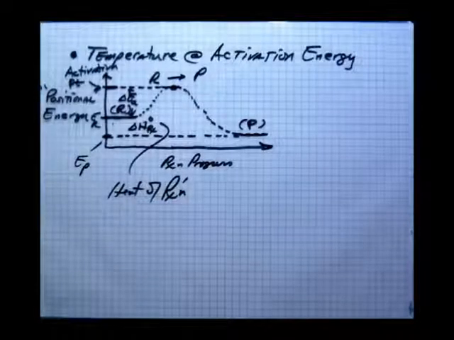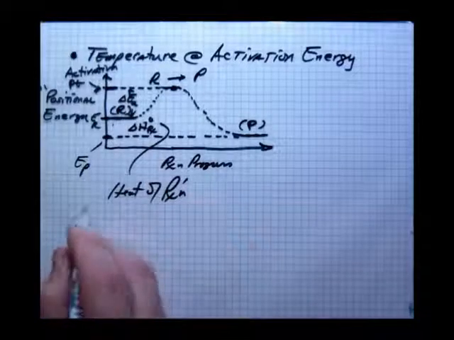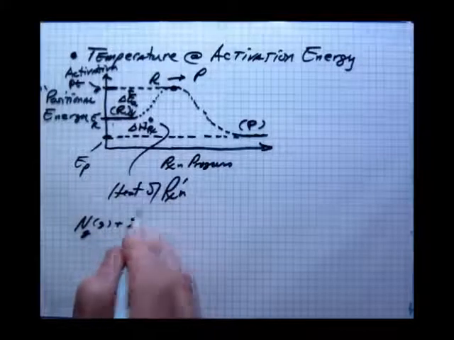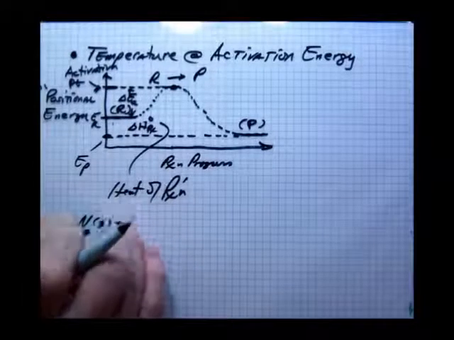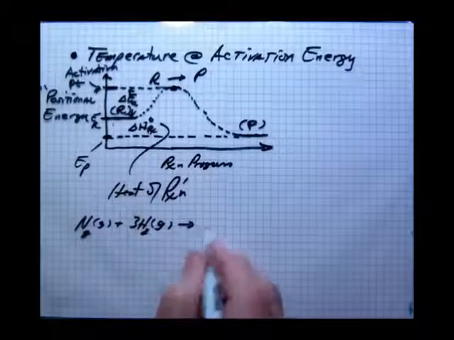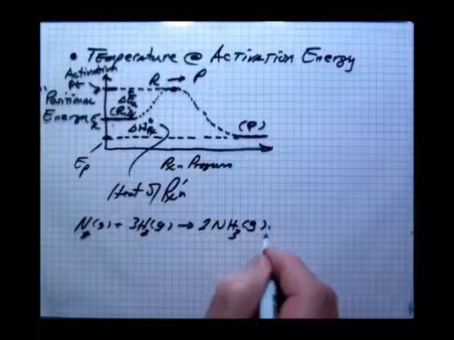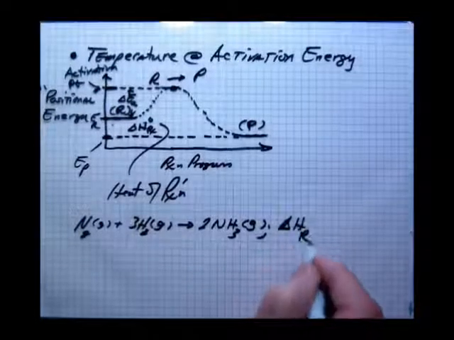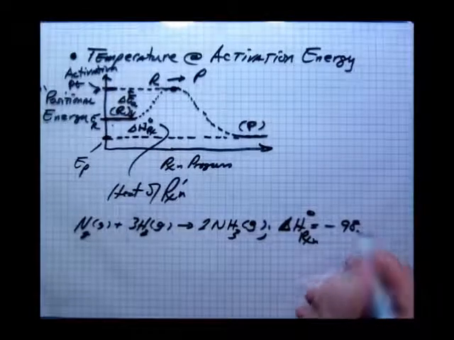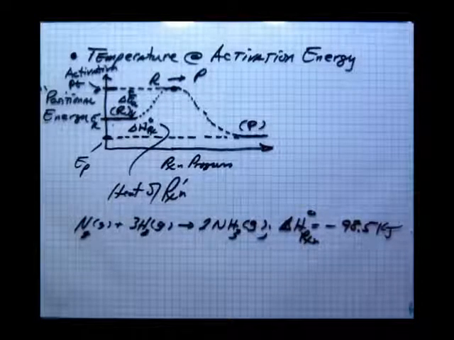And in Chem 1, maybe you'll cover thermochemistry, but you will see something like N2 gas plus 3H2 gas goes to 2NH3 gas, semicolon, delta H of reaction, standard conditions, is equal to minus 98.5 kilojoules. And so they stick a number on the end.